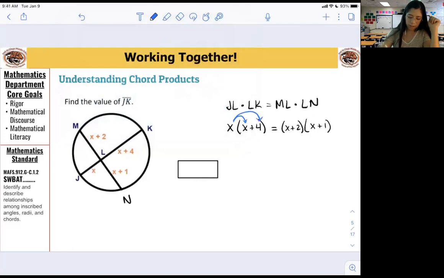So quickly, let's go ahead and do that. What's x times x? x squared, good. What's x times 4? 4x, beautiful.